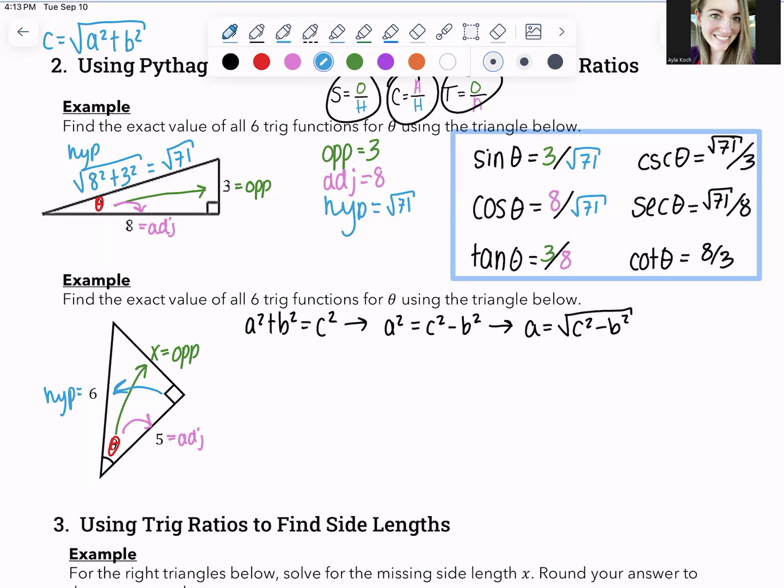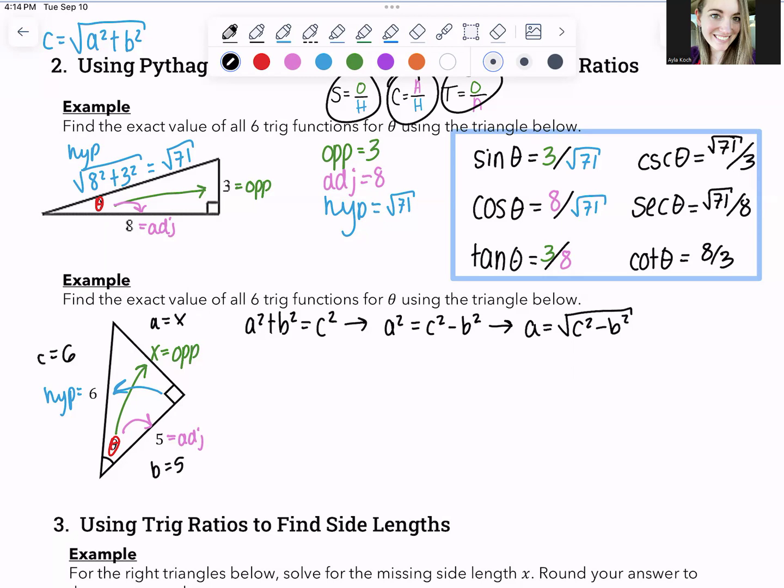Hypotenuse is 6. So to solve for X, I'm going to call X A. A is equal to X, B is equal to 5, and C is equal to 6.